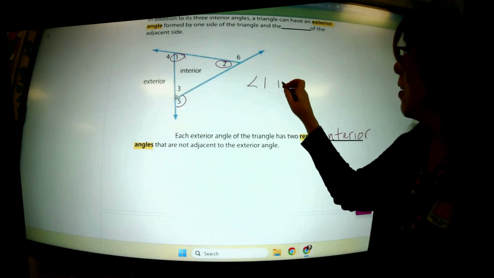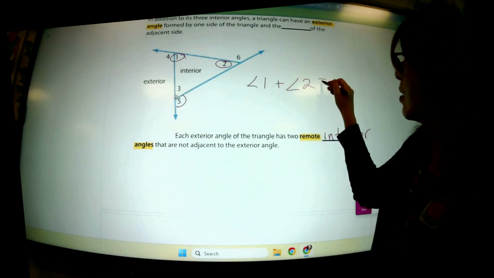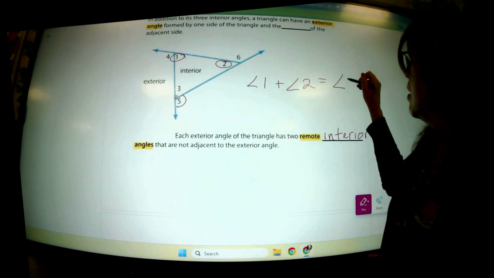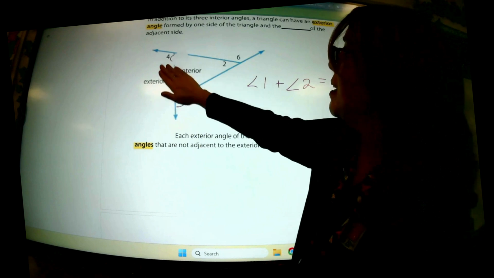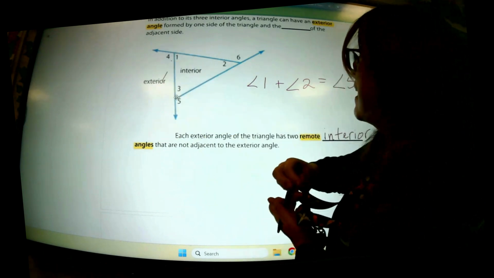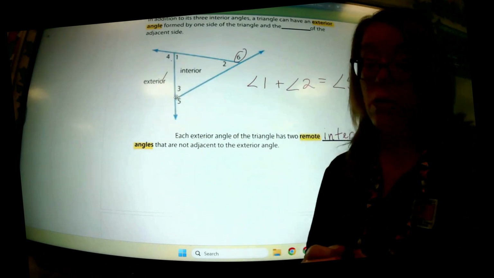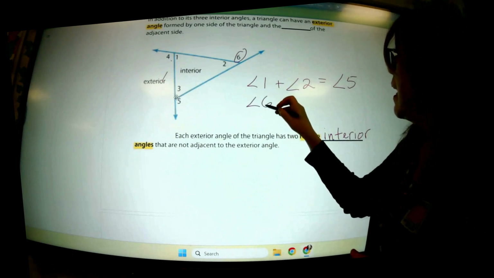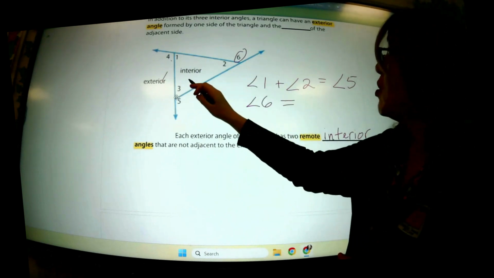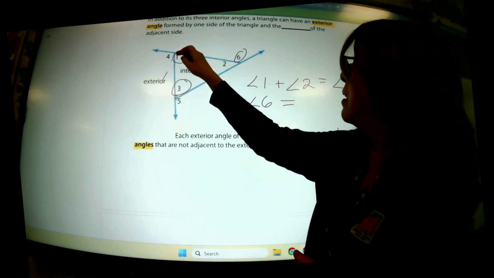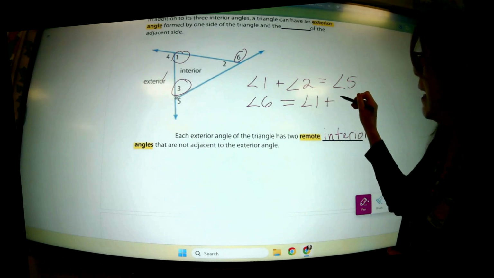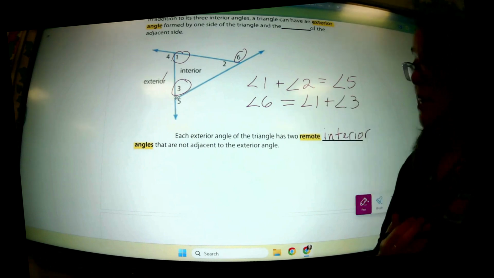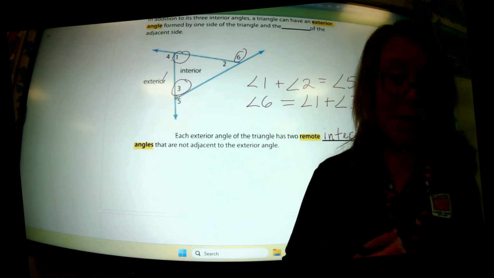And I know that if I add angle 1 and 2 together, I should get angle 5, right? And along the same way, if I look at angle 6, that's an exterior angle, then I know if I look at my two remote interior angles that go with it, I know if I add those together, I should get angle 6, right?